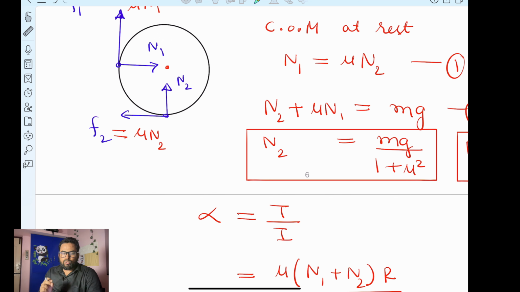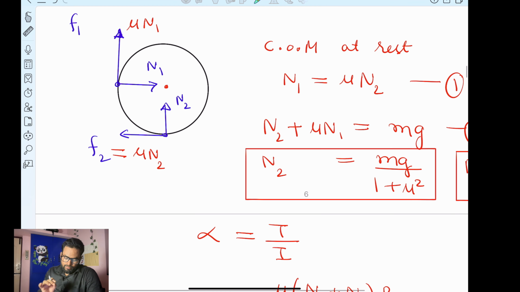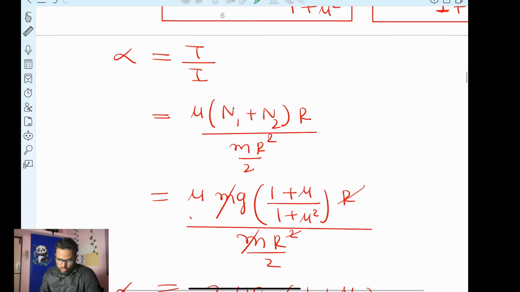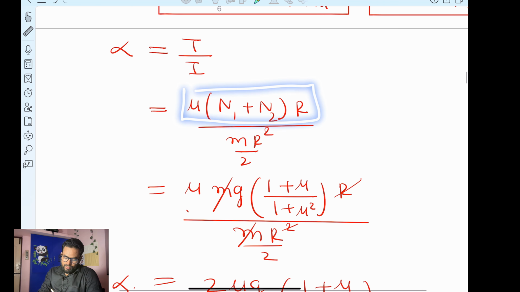Whenever the force passes through the point about which we are calculating the torque, its torque becomes 0. So the torque would be given by mu n1 times perpendicular distance r, and this other friction also gives torque with perpendicular distance r. Both are rotating clockwise, so the torques add up: mu (n1 plus n2) r.